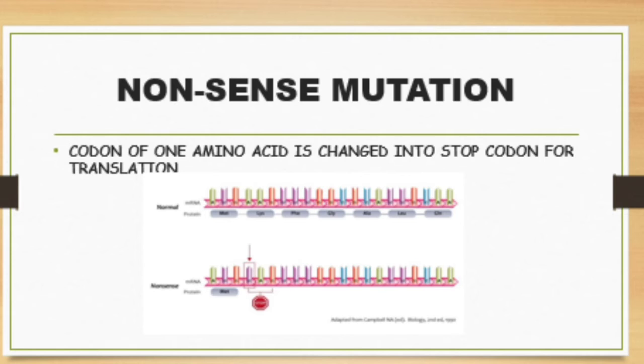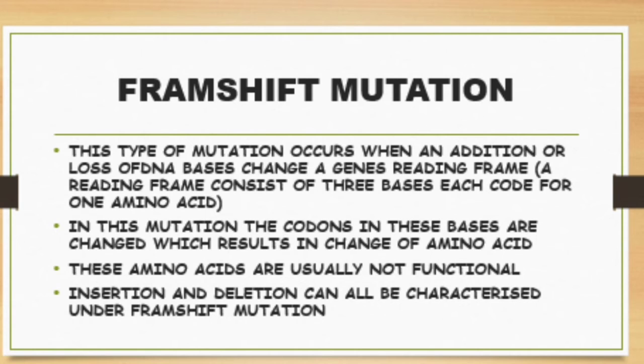When there is a translation process going on, these stop codons stop the translation, which means there is no more protein synthesis taking place, and these proteins will not go on to perform any function. So in nonsense mutation, the codon sequence is altered in such a way that it results in the formation of a stop codon, and this stop codon stops translation. So that's why it's called nonsense mutation. Even the body doesn't like it. Who likes to stop protein synthesis? You have to grow, bro.